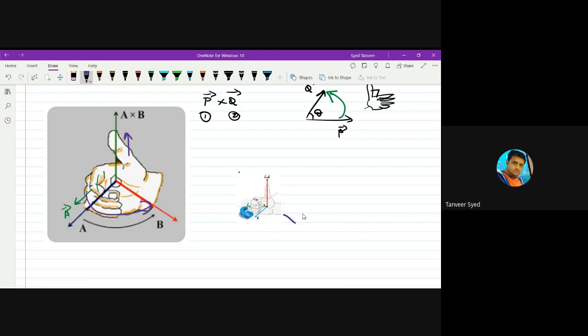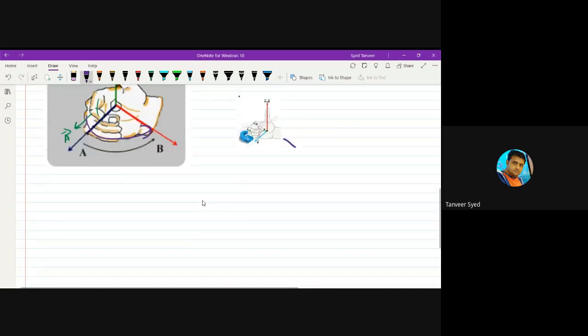Oh, this is not getting enlarged. Okay, can you see this? It is not getting enlarged. I hope you can see it.